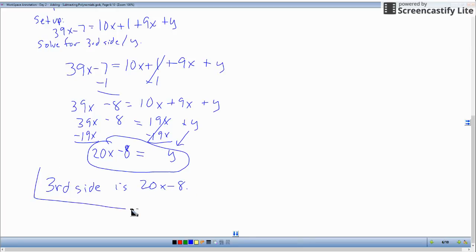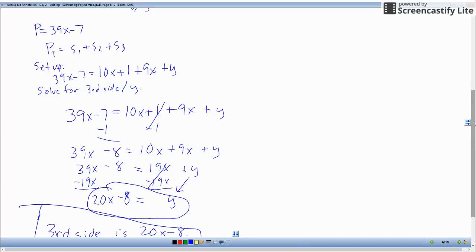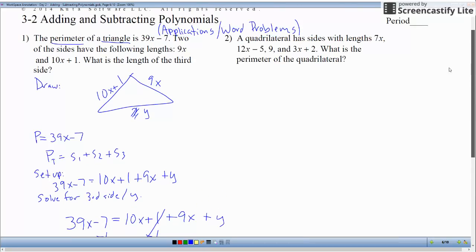And that's the solution. And we've answered the question. Now remember, whenever they're asking for other sides, they want it in terms of the x. So even though we could say in the very beginning that the third side is y, that doesn't help us with all the information. So remember to do it in terms of x. I hope that helps out, and thanks for watching.